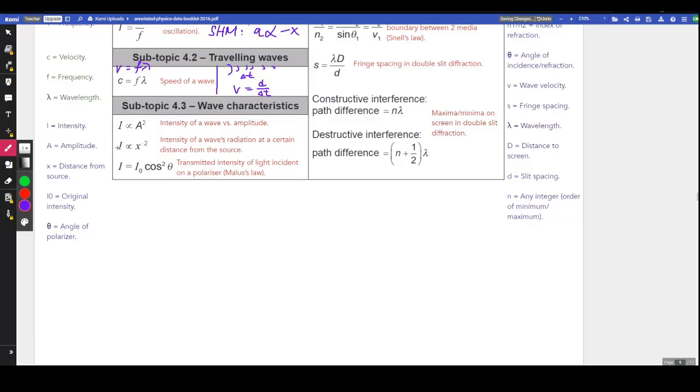While for the second one, it's actually referring to the point where you're measuring that intensity, because usually it will radiate out in all directions, and that will make a sphere. And in fact, intensity equals power over area. So not to confuse this A with this A, this is amplitude and this is area of the sphere.